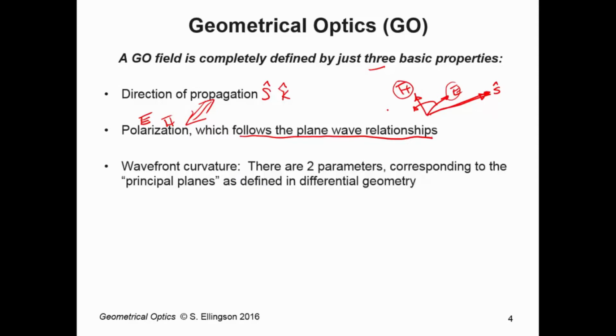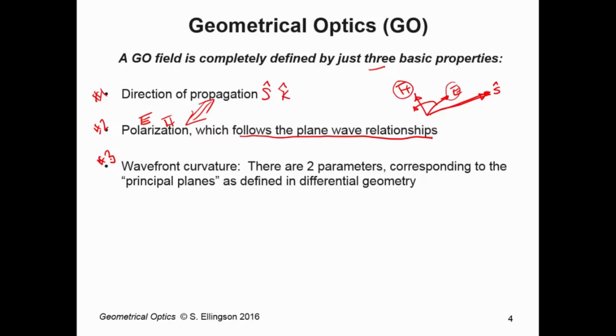The third property, just to be clear, 3 properties, 1, 2, and 3, is wavefront curvature. Now, the curvature of a geometrical optics wavefront requires 2 parameters to completely describe. This requires a little bit of explanation for most people because most people have not been exposed previously to differential geometry.